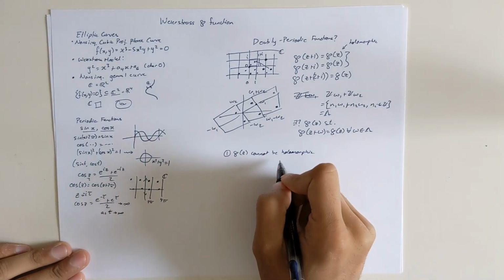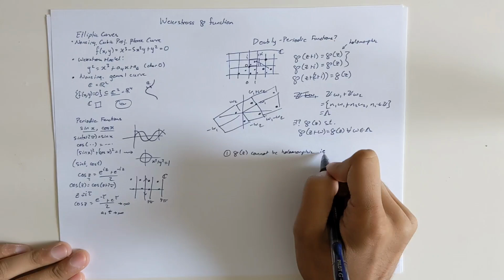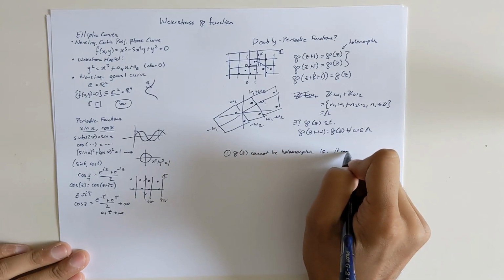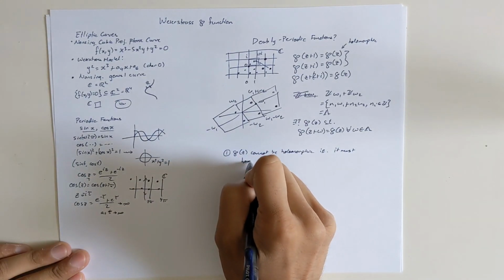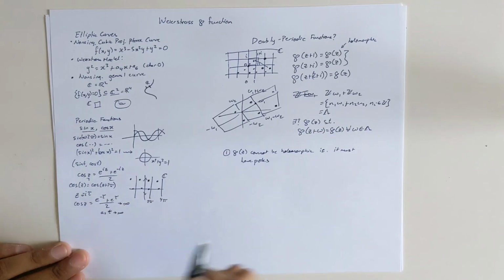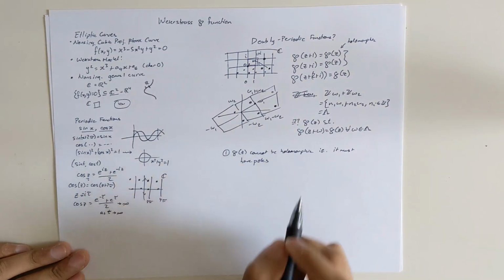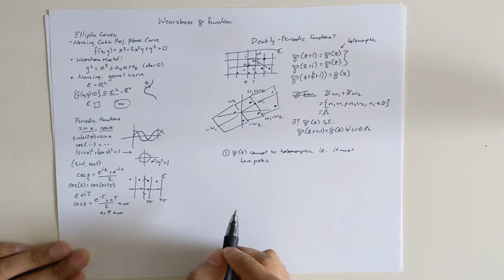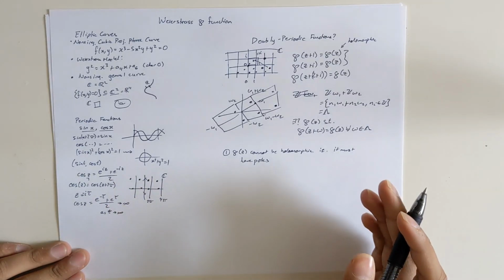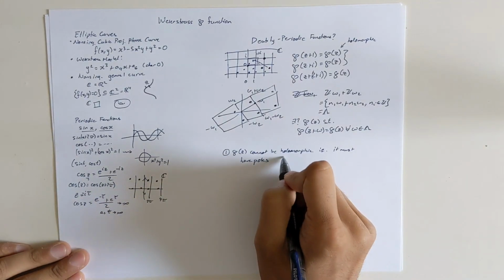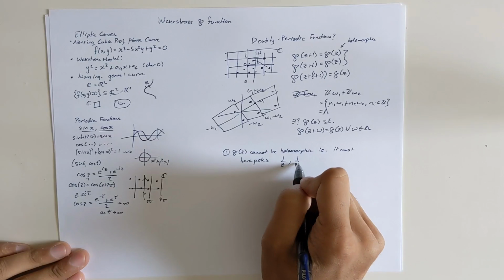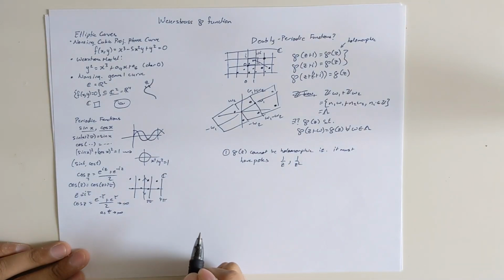What do I mean by this? I.e., it must have poles. So what does holomorphic mean? I guess even stronger than being expressible as a power series, it needs to be expressible as a power series with positive powers of Z. So something like 1 over Z or 1 over Z squared is not holomorphic.